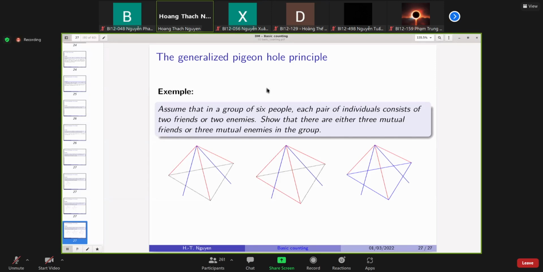So that was the last example of the previous lecture on basic principles of counting and the pigeonhole principle. I propose we take a short 5-minute break, and after that we will proceed to today's lecture on permutations and combinations.